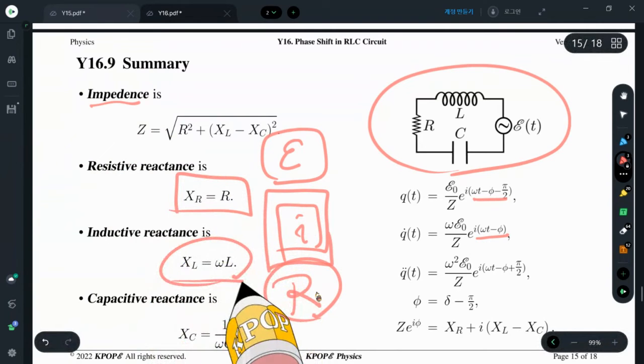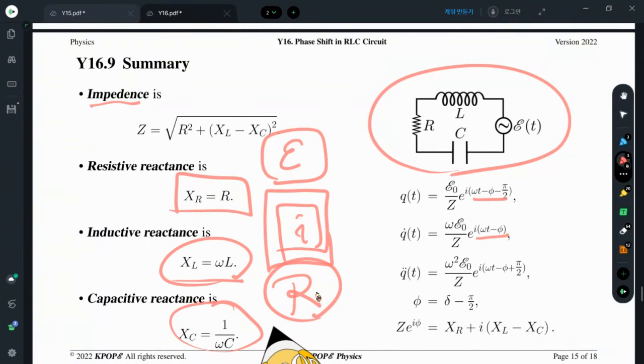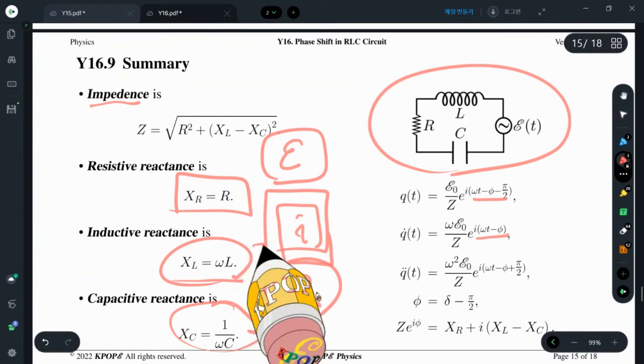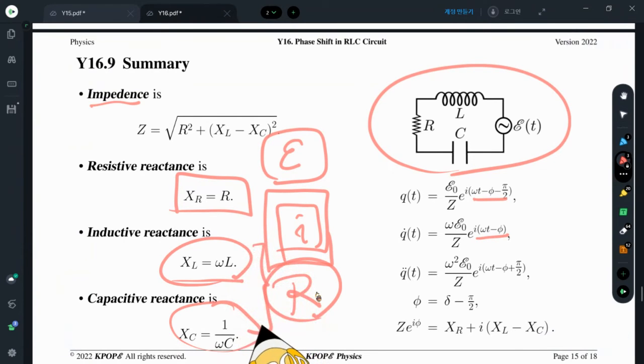Inductive by this weighting factor, it is forward. Capacitor by this weighting factor is backward, and they are aligned to the imaginary part.